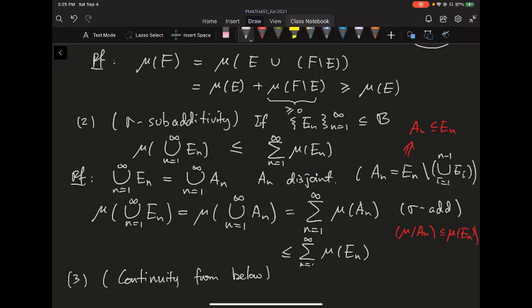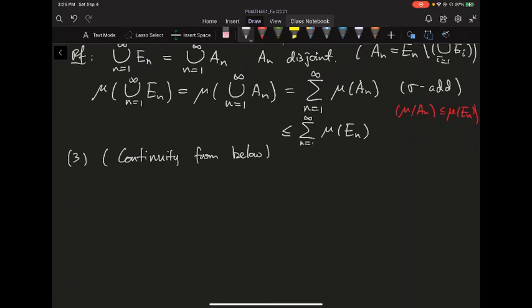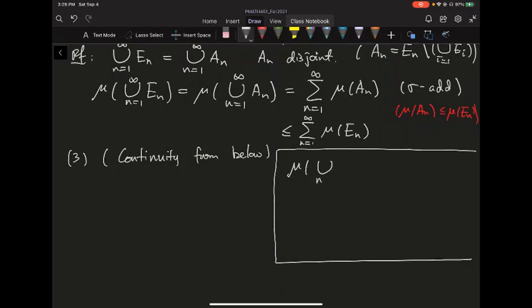So here, I'll just do a quick note. I know you are reading also the course note. If I don't take an infinite union, so this property, mu of the union n going from 1 to some big N of E_n, well, of course, you run the same argument. This is less than or equal to the finite sum n going from 1 to N of mu of E_n.